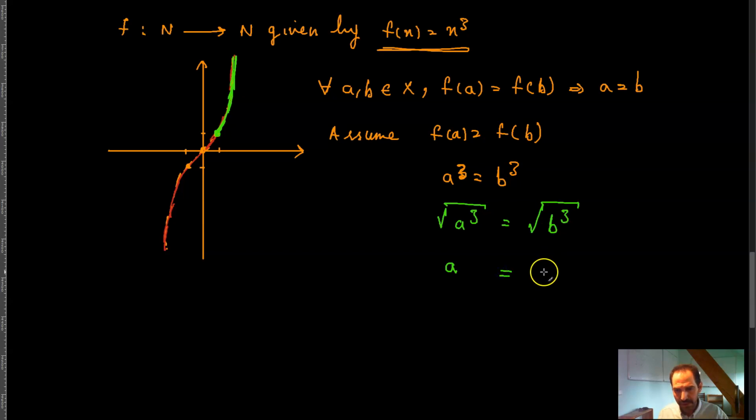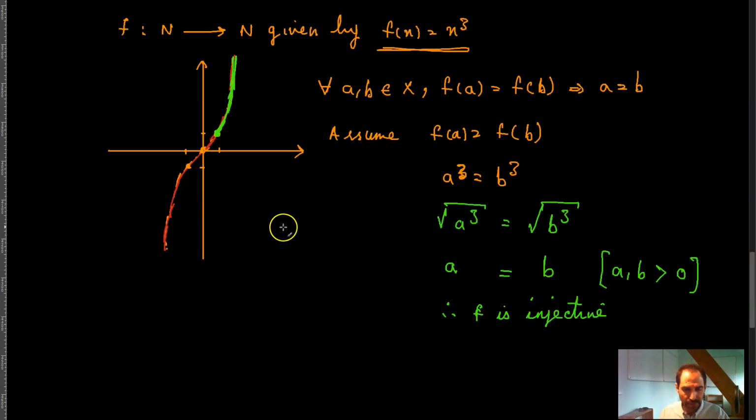And the cube root of b cubed is going to be equal to b, a and b being both positive values, right? So since f of a is equal to f of b implies a is equal to b, therefore f is injective.